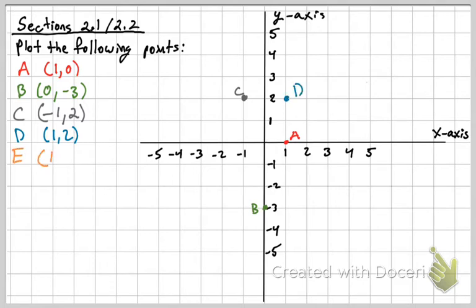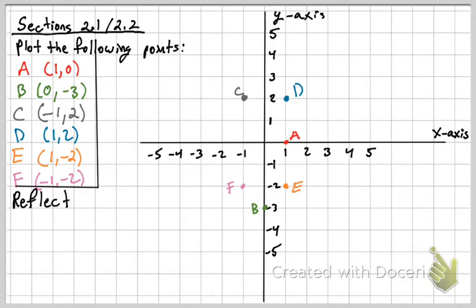Point E is going to be 1 and negative 2. So we're going to go to the right 1 and then down 2. And finally, point F is going to be negative 1 and negative 2. So we're going to go left 1 and then down 2. Okay, so there's point F, and then we're going to talk about some reflections here.